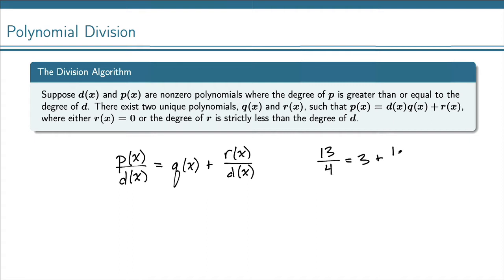We have a remainder of 1, and that's the 1/4 because we were dividing by 4. So we're actually used to this with our real number system. Now, we actually write this as what's called a mixed number, where we don't write the plus, but it's the same thing. So this division algorithm is really just telling us that we can divide polynomials as well, and end up with a quotient and a remainder.